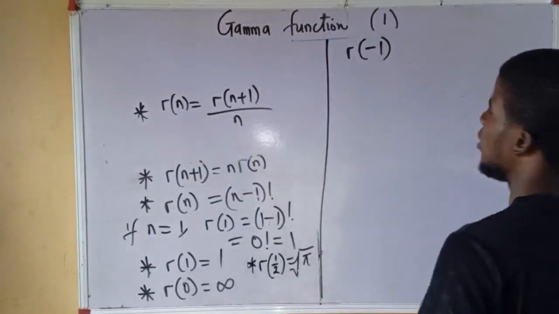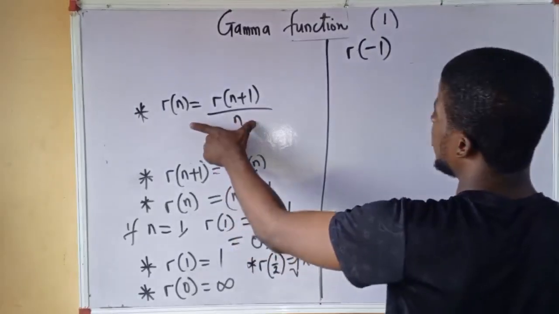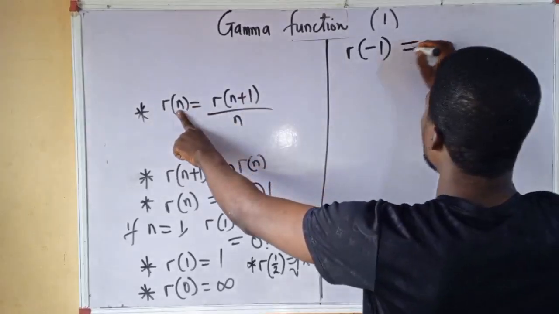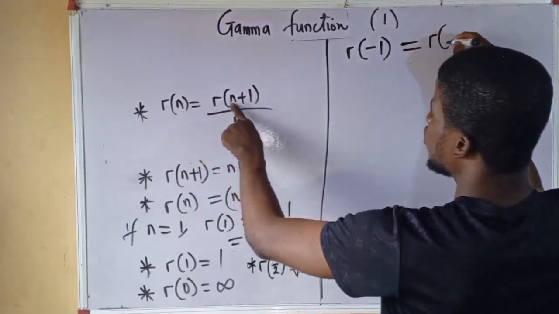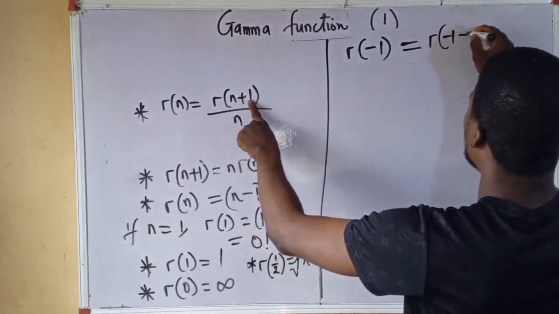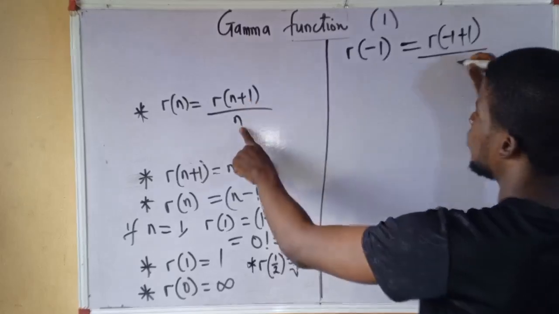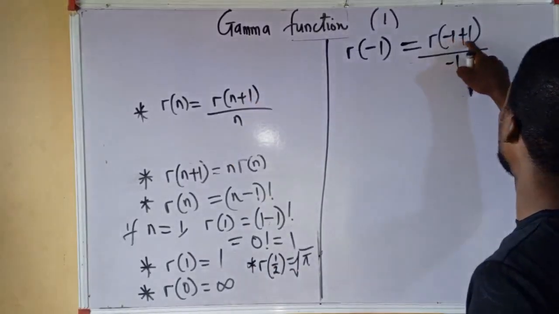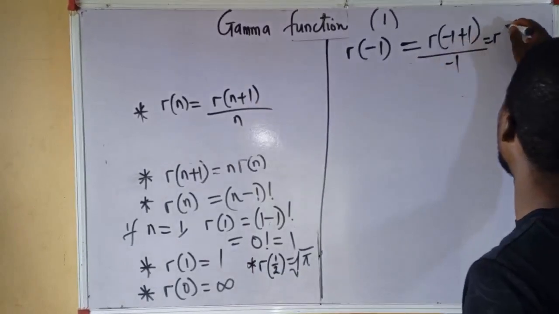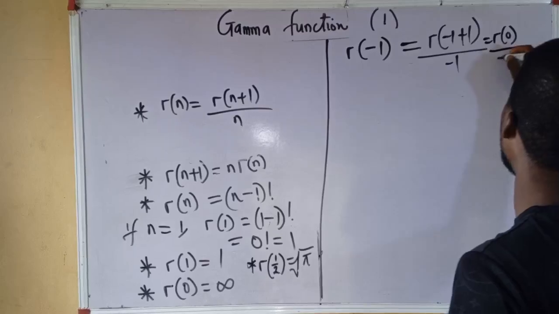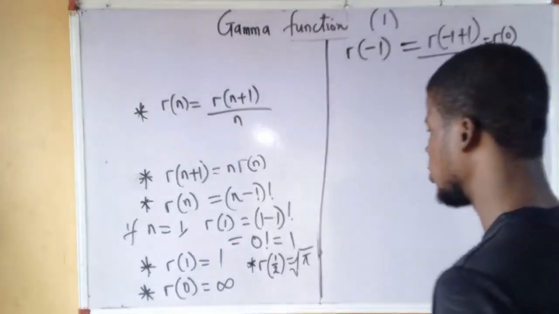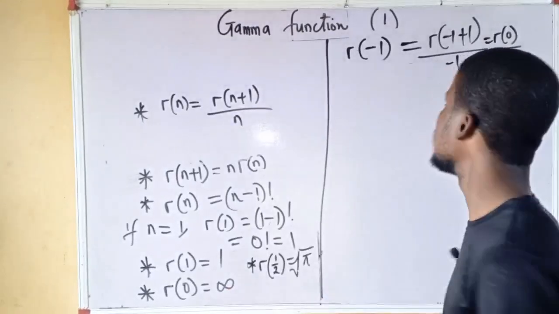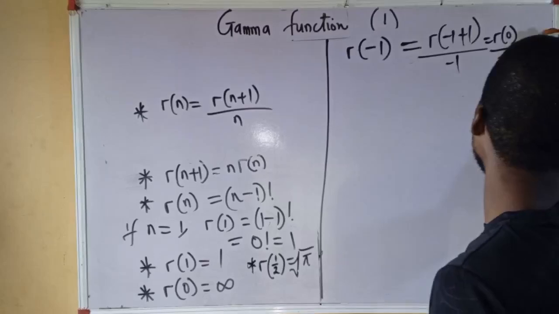That means if I'm using this formula, minus 1 is n. So gamma of minus 1 is gamma of minus 1 plus 1 divided by n, which is minus 1. Minus 1 plus 1 is 0. So we have gamma of 0 all over minus 1. And I told you earlier that gamma of 0 is equal to infinity. So this is actually infinity.